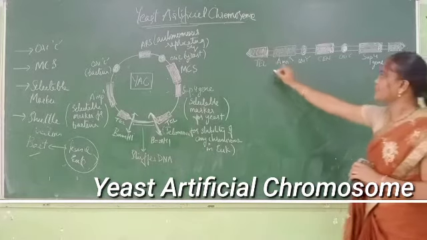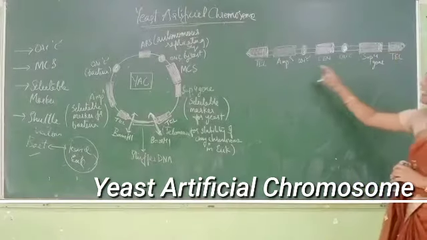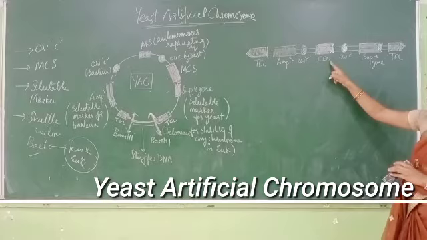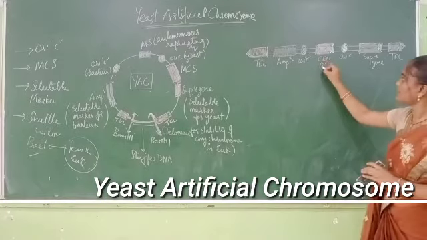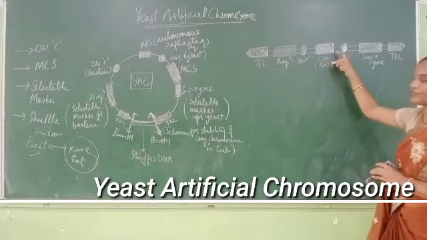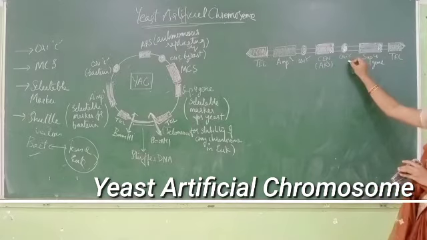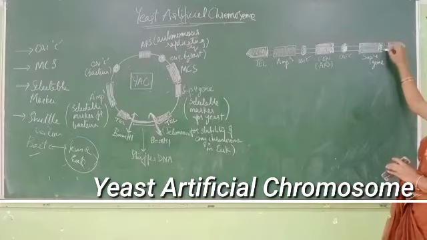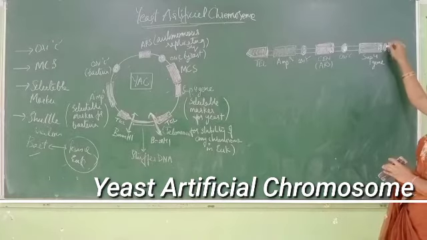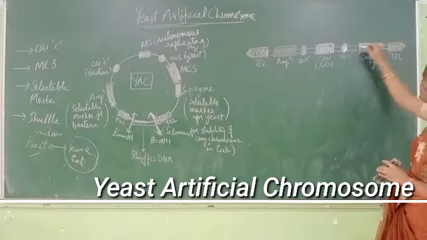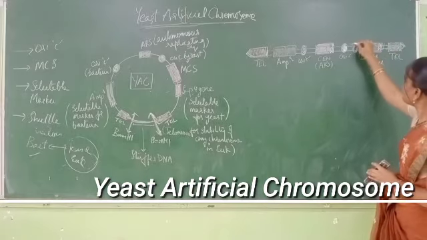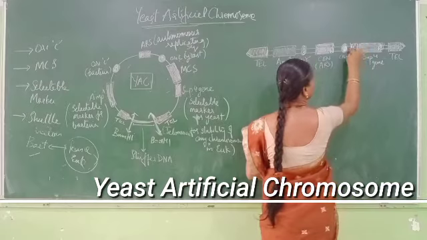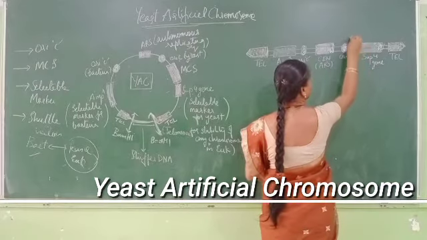So these are the telomeric ends of the YAC, ampicillin resistance and the ORI of bacteria, centromere, the autonomous replicating sequence of your yeast and ORI of yeast, the SUP4 gene of your yeast, and here there is your multiple restriction sites, MCS.